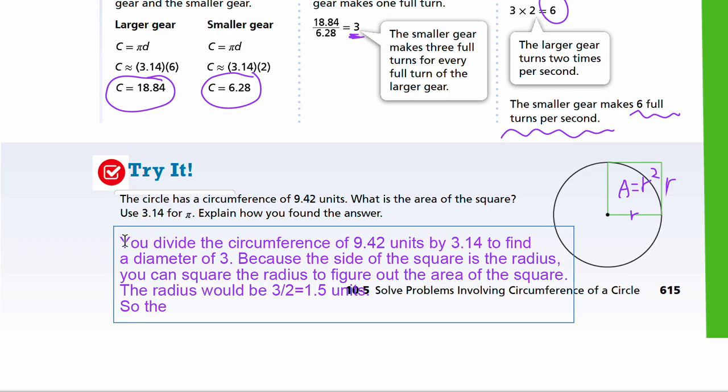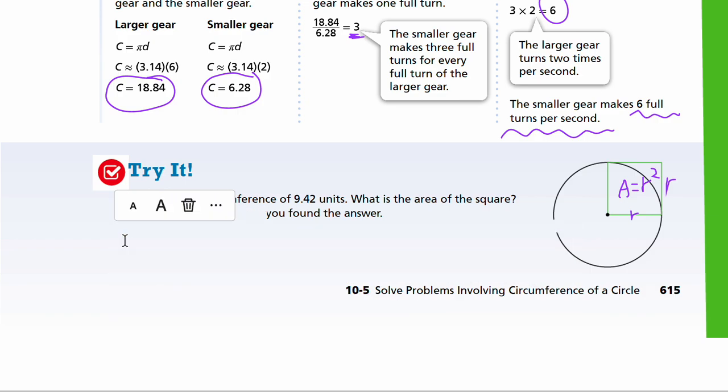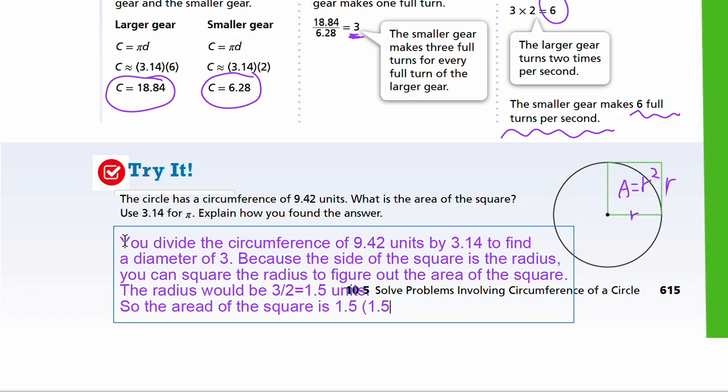So the area of the square is 1.5 times 1.5, right? Which is 2.25 square units.